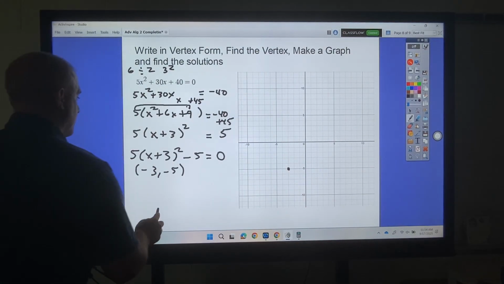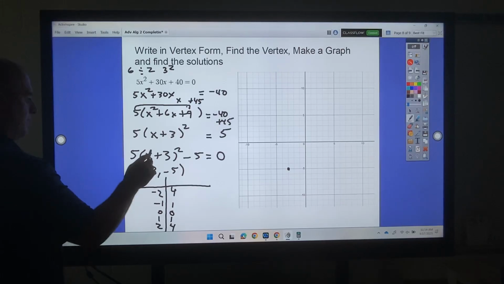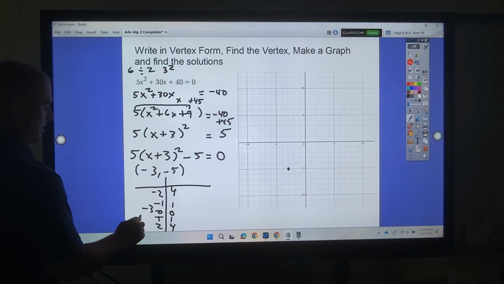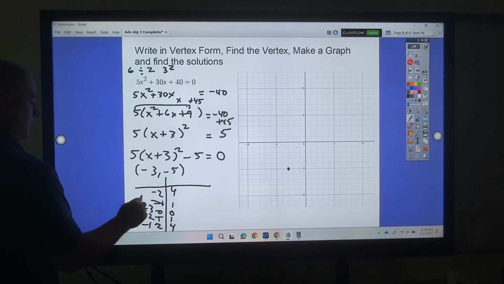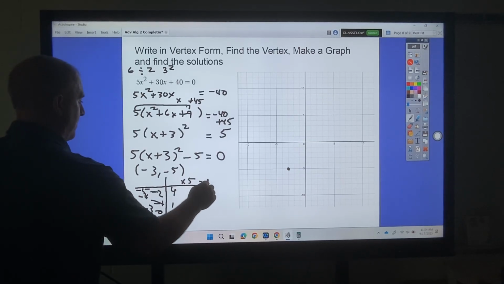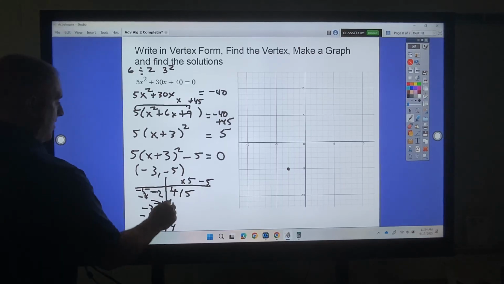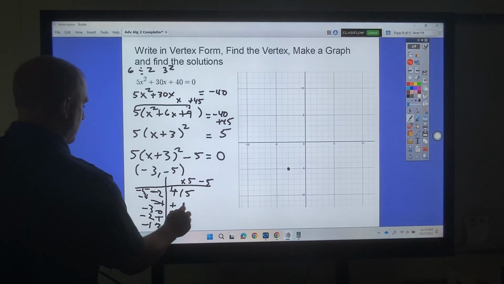Okay, so then I got my table. Negative 2, negative 1, 0, 1, and 2. 4, 1, 0, 1, 4. If I solve the inside, that's negative 3, negative 2, negative 1, negative 4, negative 5. Now what I want to do is times by 5 minus 5. Okay, so that's 4 times 5 is 20, minus 5 would be 15. 1 times 5 is 5, minus 5 would be 0.